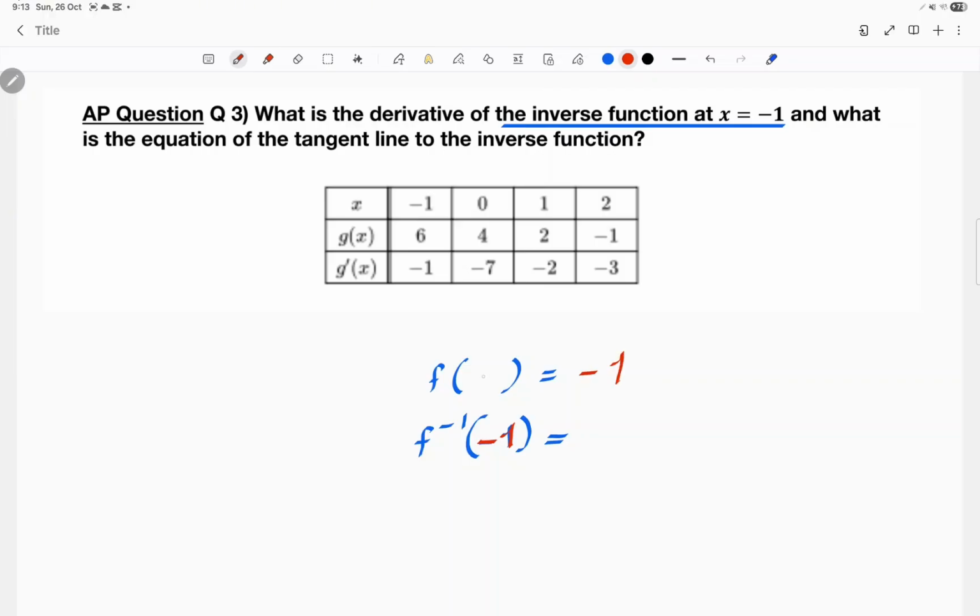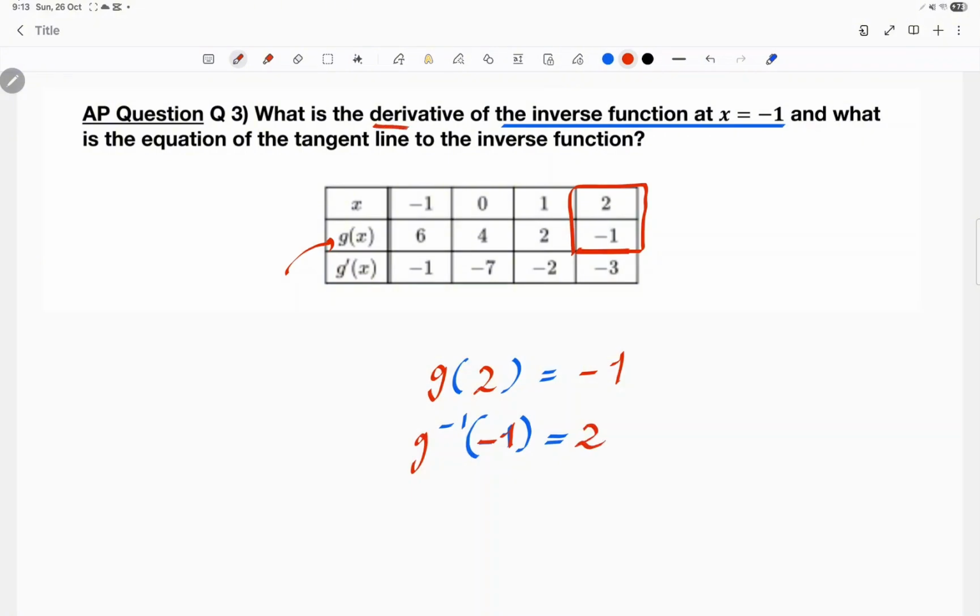Okay, so that means that f of a is equal to b, or in this case it's g of x, right, g of x is equal to y, which is -1. So what x value would give me a -1 as the y? 2. So 2, g of 2 is equal to -1. That means the inverse g of -1 is equal to a 2.